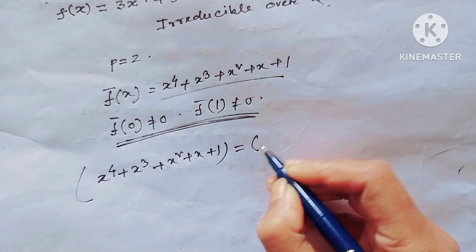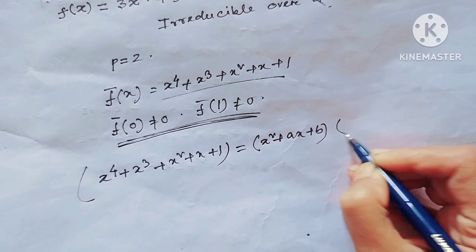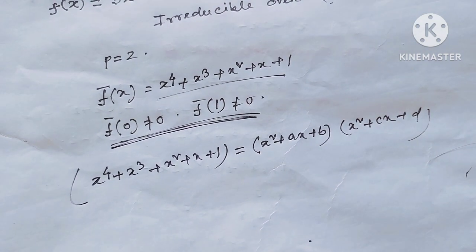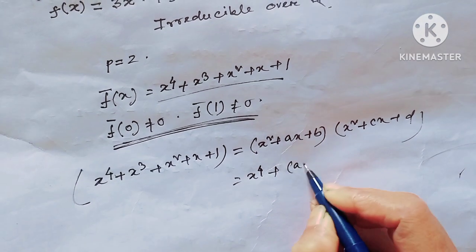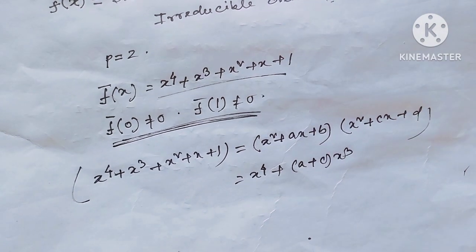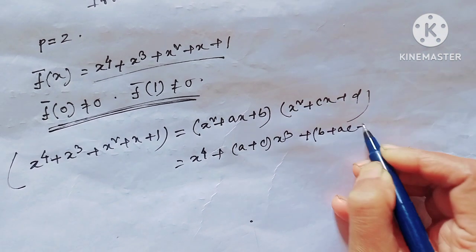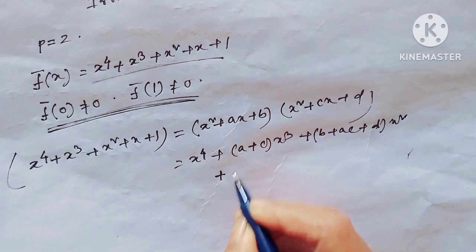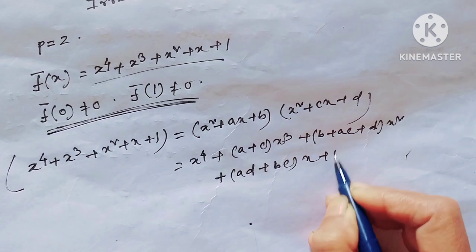We can write this as (x square plus ax plus b) times (x square plus cx plus d), and that implies x to the power 4 plus (a plus c) times x cube plus (b plus ac plus d) x square plus (ad plus bc) x plus bd.